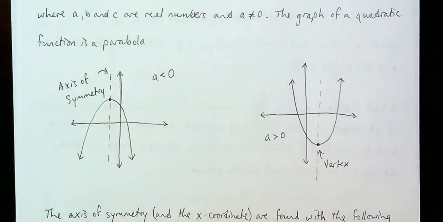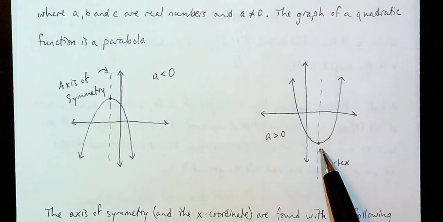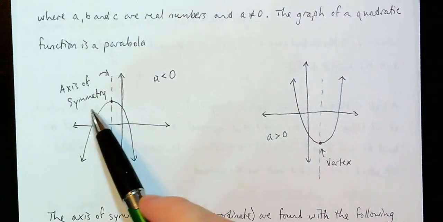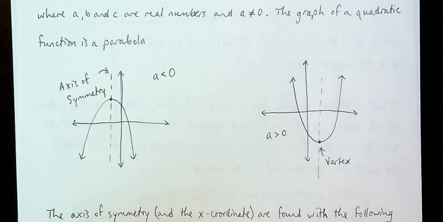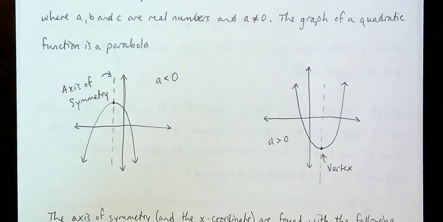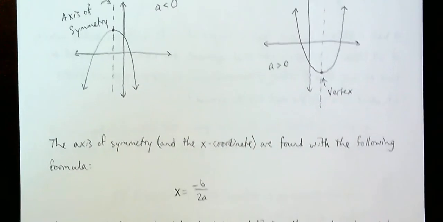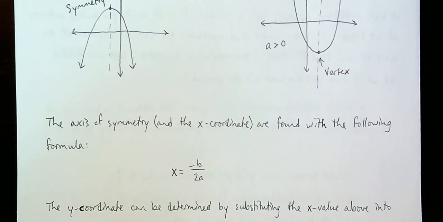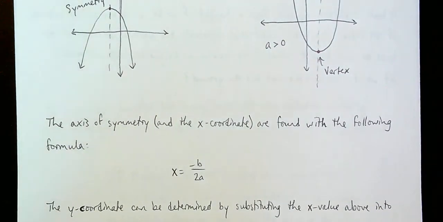Now, we want to know what are the x and y coordinates of your vertex, and then what is the equation for this axis of symmetry. Well, the x coordinate of your vertex and the axis of symmetry are both the same x value. That x coordinate can be found by doing the following calculation. Your axis of symmetry and the x coordinate of your vertex is given by minus b over 2a.